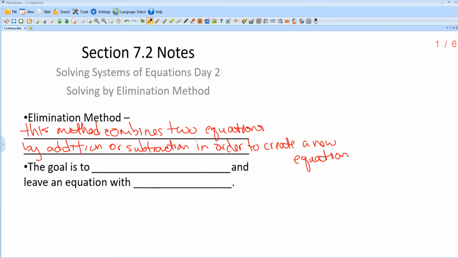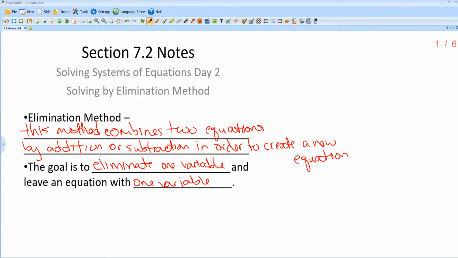I think I do it in one of the examples that comes up. So the goal here, much like the word elimination would tell us, is to eliminate one variable and leave an equation with one variable, so that that equation is then solvable, one equation with one variable.